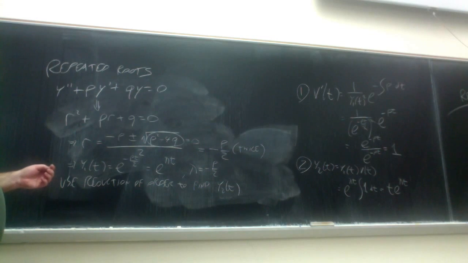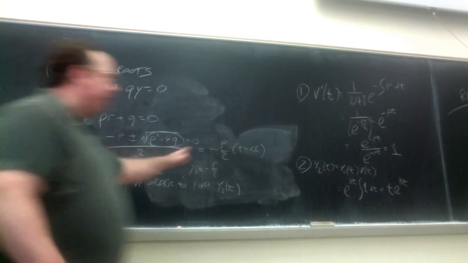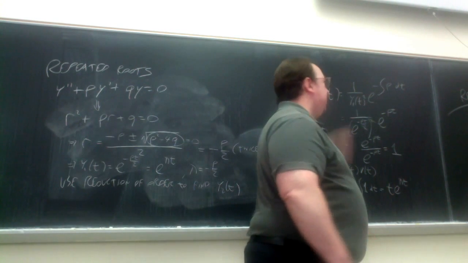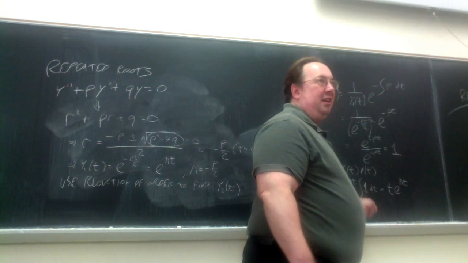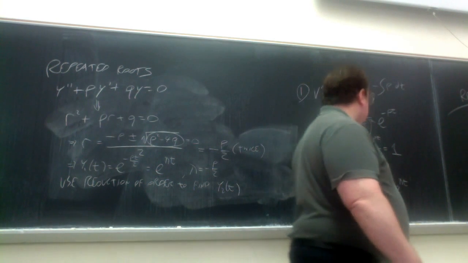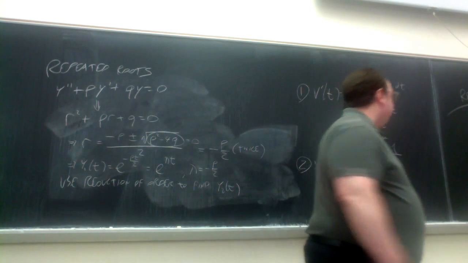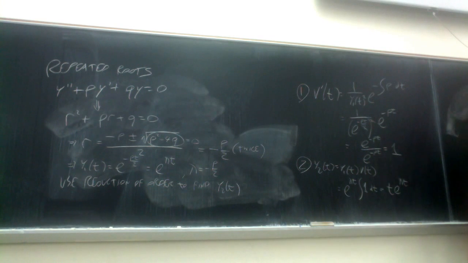When that happens, there's your y1, and then you can jump directly to doing this y2. You don't go through this again. You just use the fact that in the repeated root case, this is part of your general solution. So now I'll illustrate that by stepping through a repeated root example.